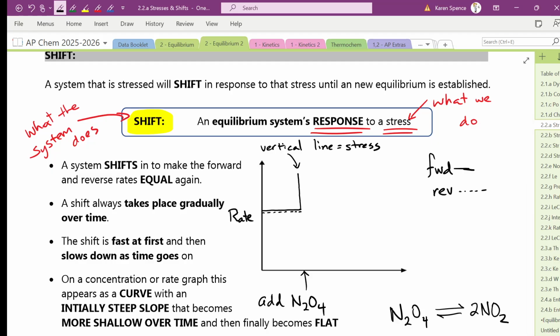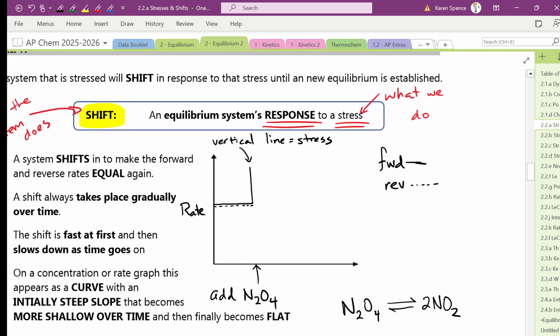And then our shift. What's going to happen to our reverse rate in that same moment? It's going to stay the same because we haven't done anything to the amount of NO2, so there won't be any more or fewer collisions. But as time goes on, what's going to happen to the forward rate? It's going to decrease. Is it going to decrease as a straight line?